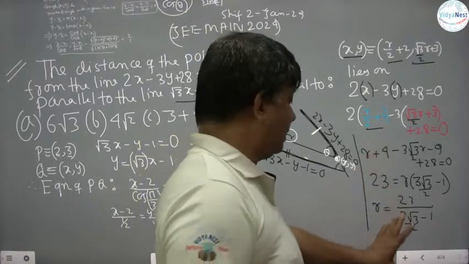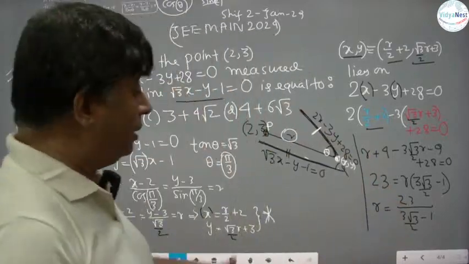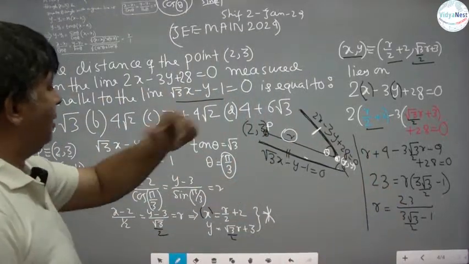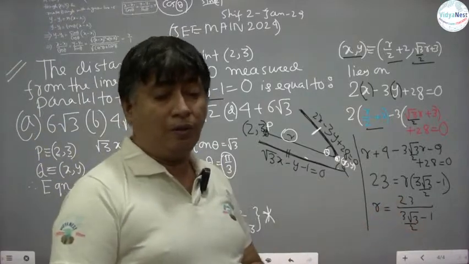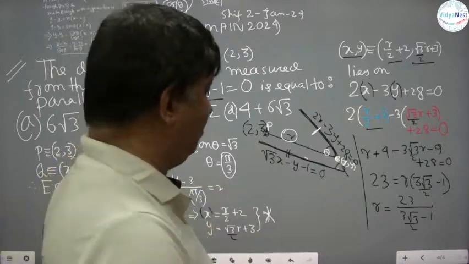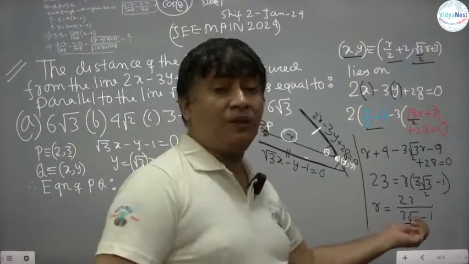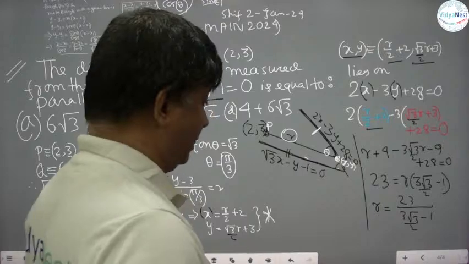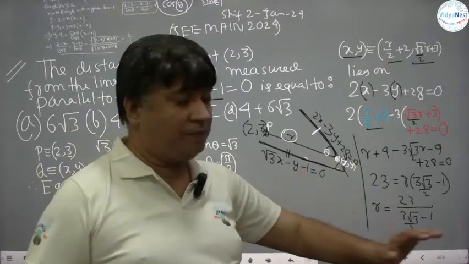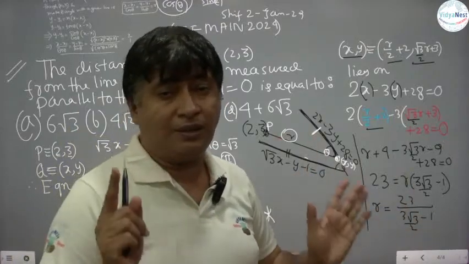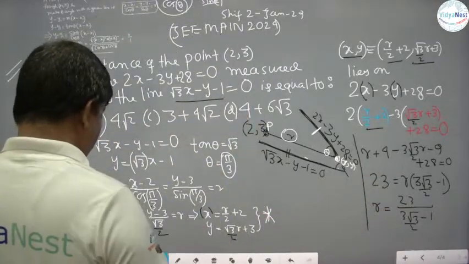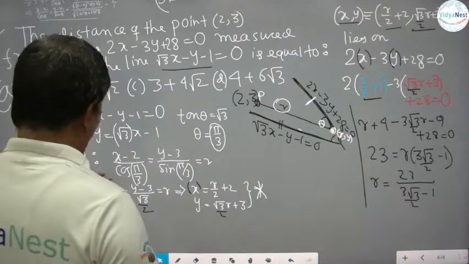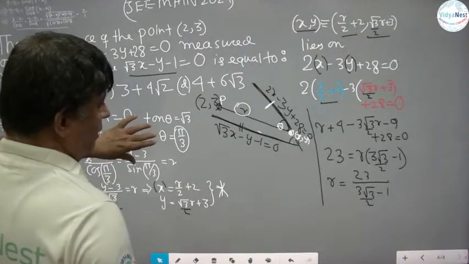So, this is the calculation, but you can say it is not matching with any of the options. So, it needs simplification. You know the basics of irrational and rational numbers. We cannot keep root in the denominator. So, by rationalization, we can remove that root from the denominator. Okay. So, we are one step behind the final conclusion.